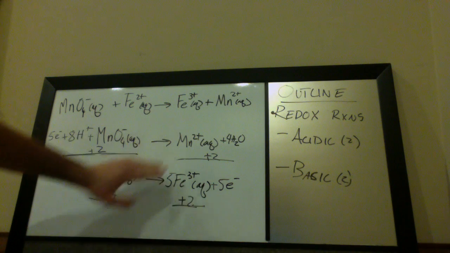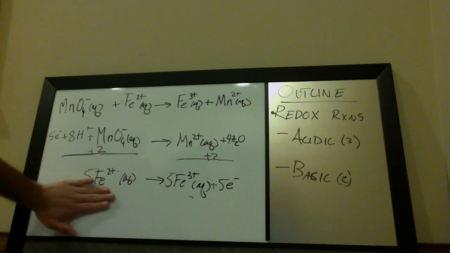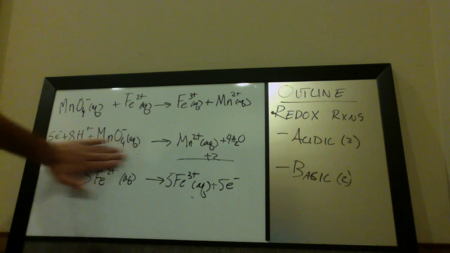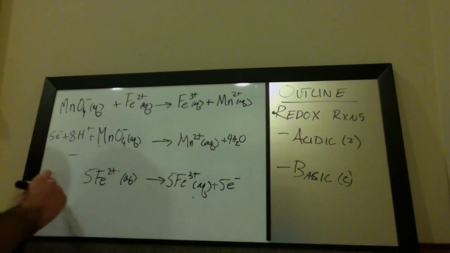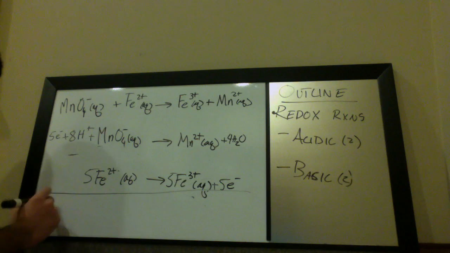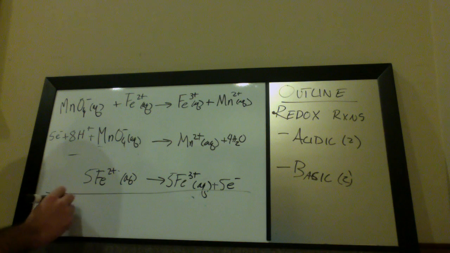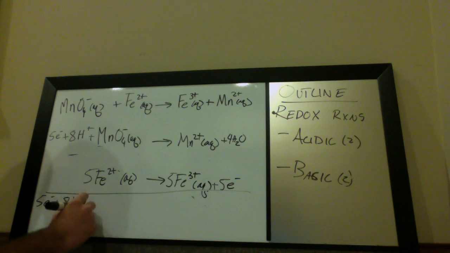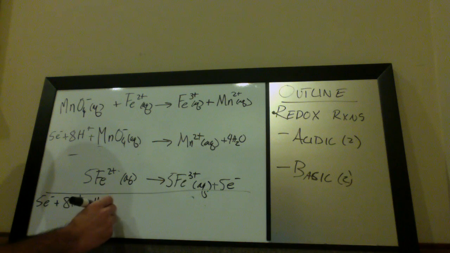And now to add the half reactions, so let's go ahead and add them, just like a math problem. So 5 electrons, 8 protons, 1 permanganate, sorry.